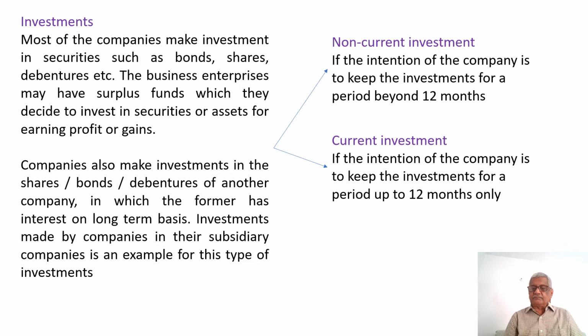They do not want that money to be invested immediately in a fixed asset or in current assets. So instead of keeping that fund idle, they invest in bonds, shares, debentures, etc. to earn some profit or interest or return by way of dividend.